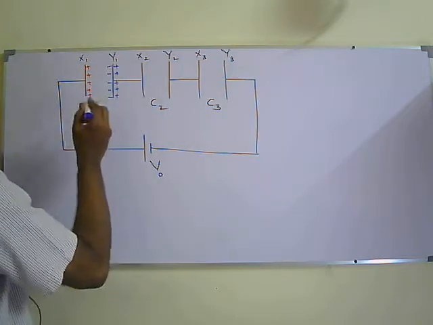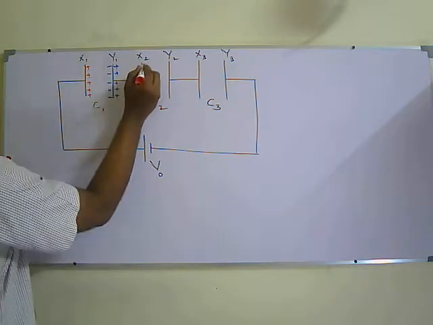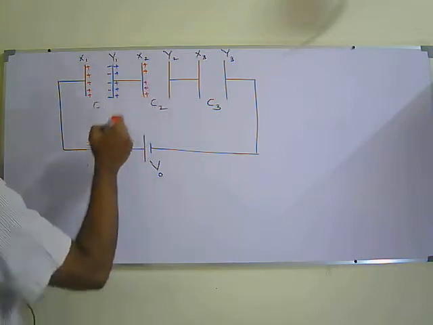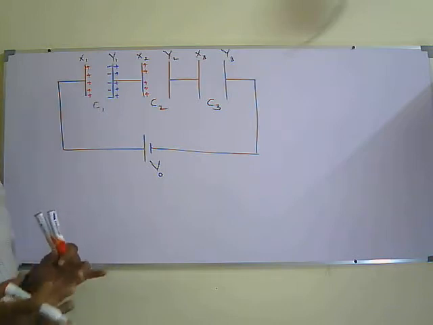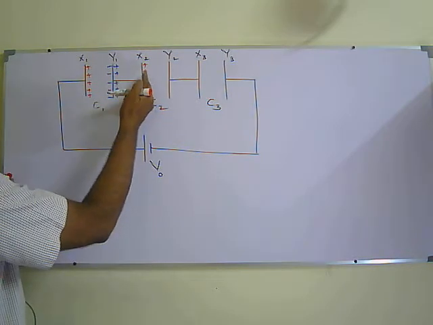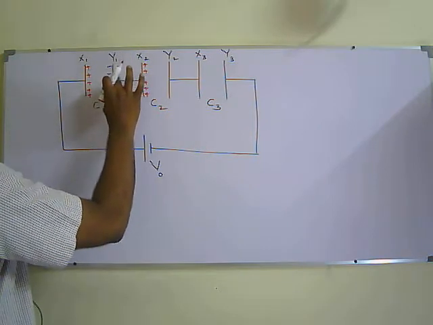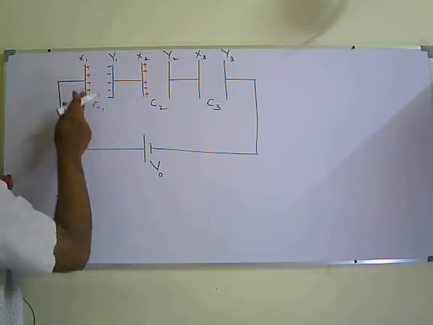So the plate X2 will become positively charged, and that also will carry the same magnitude of positive charge. So I told you the plate X2 is losing 5 electrons. When these electrons reach the plate Y1, they will neutralize these positive charges and be attracted by them.